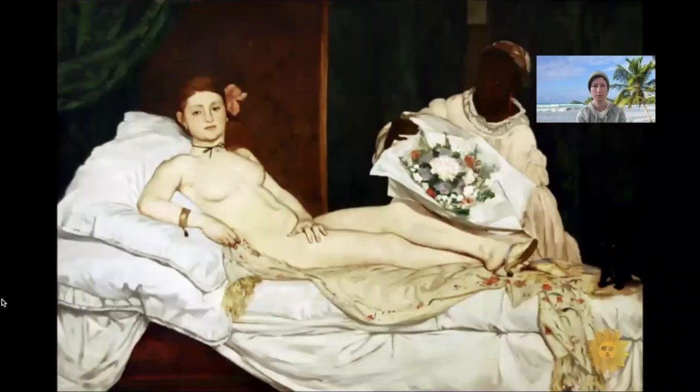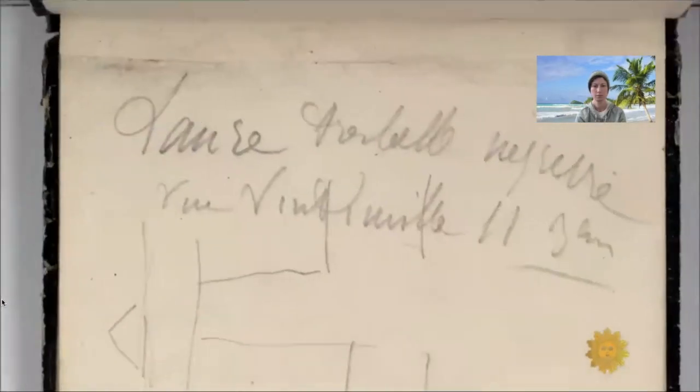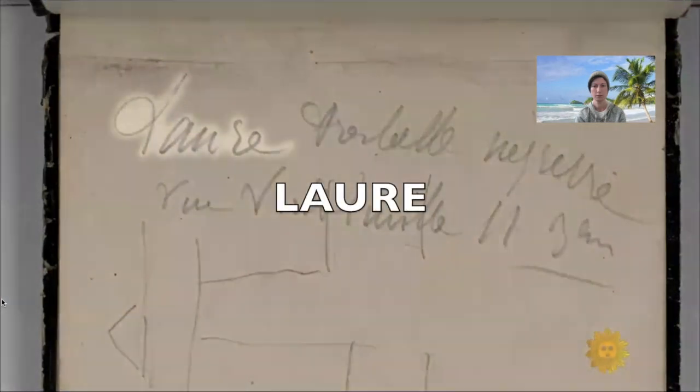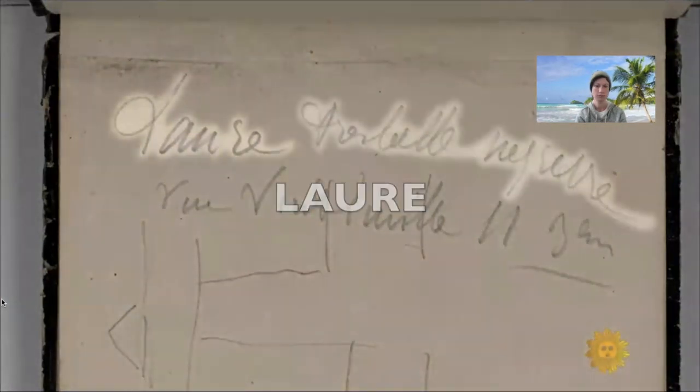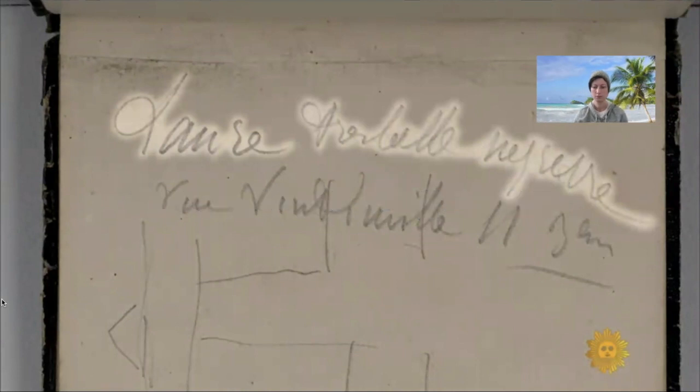Just like the model, she's in plain view, but she's made invisible by the lack of historical interest. But in Manet's own notebook, Morel found the model's name, Laure, whom he described as a très belle négresse, a very beautiful Black woman.